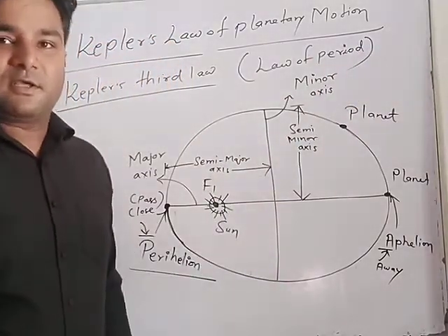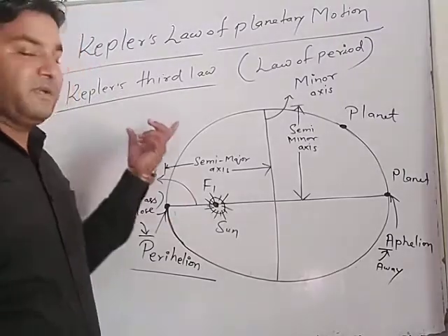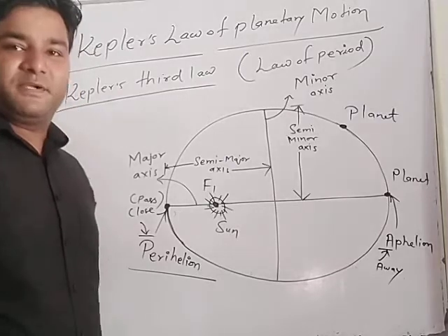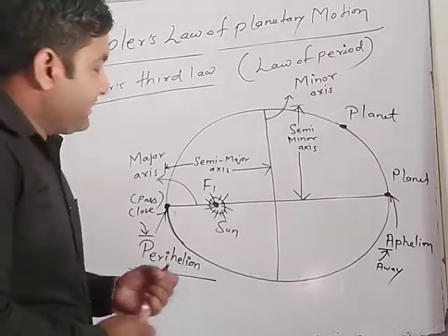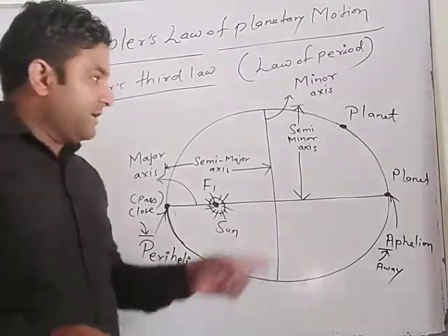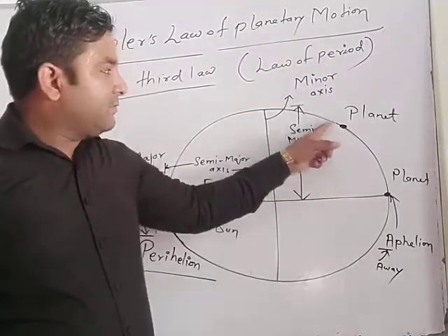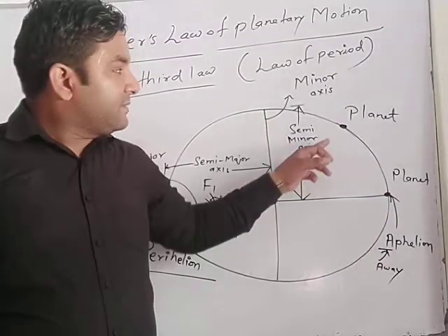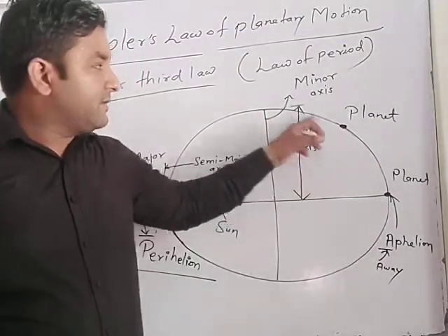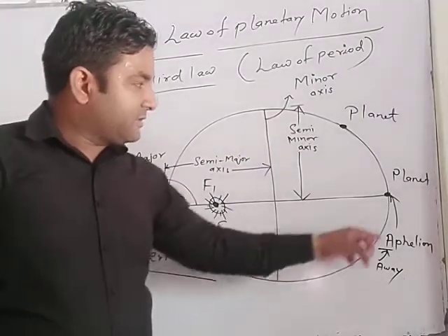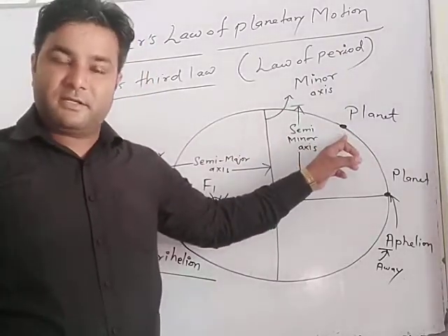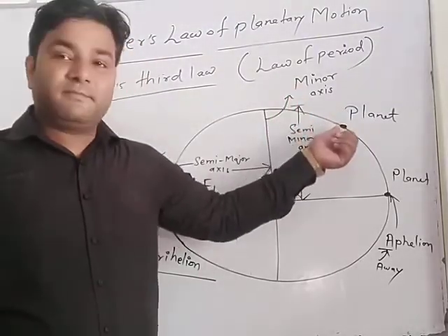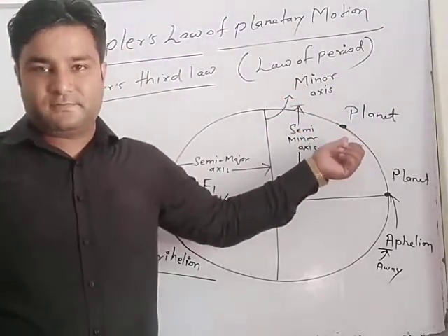Kepler's third law is also known as the law of period because in the statement of Kepler's third law, the concept of period is used. And here the concept of period means the time period concept, the time taken to complete one revolution by the planet around the sun. Listen again. Suppose the planet starts from this point, and after completing one revolution, the planet reaches its origin, it means the starting point and final point coincide.